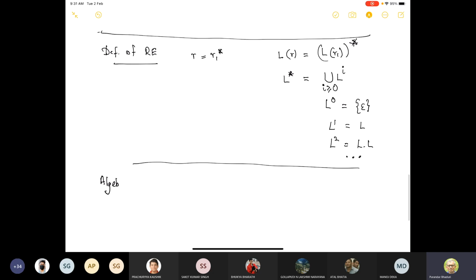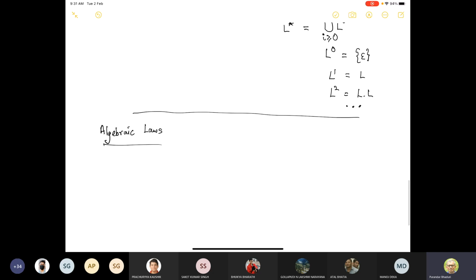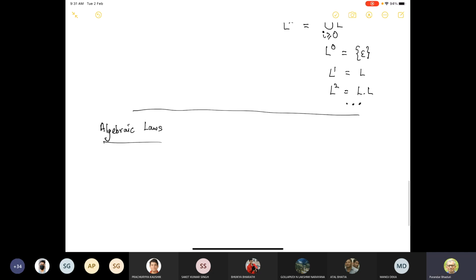But if we think of two regular expressions as being equal, so to speak, if they denote the same language, then there are some algebraic laws which are satisfied by regular expressions. For example, commutativity.